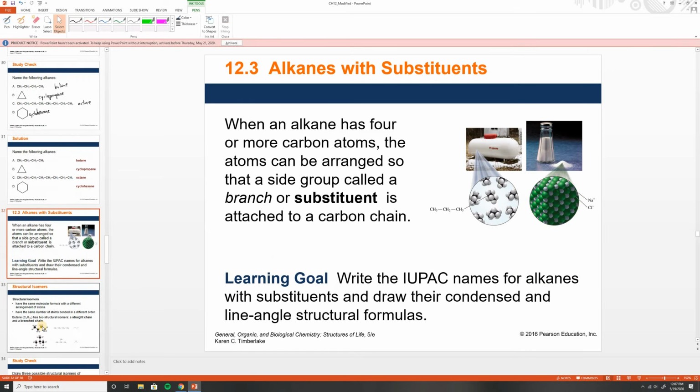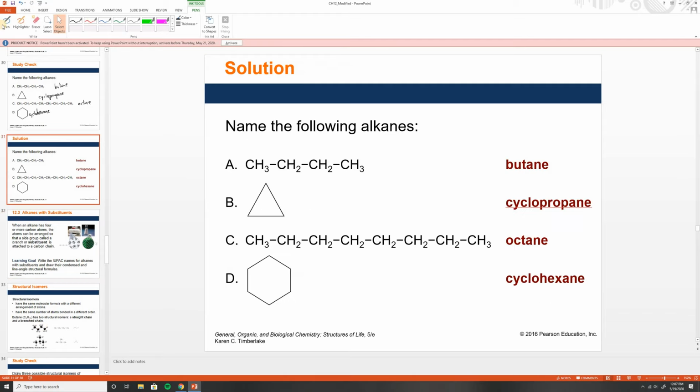All right, so on these alkanes, you can have different substituents. Basically what that means is different branches that can happen off of it. So you can have a structure where the main chain is octane, but you can totally have different offshoots. So let's say we get rid of a hydrogen here, and we have something offshoot here. That's totally possible.